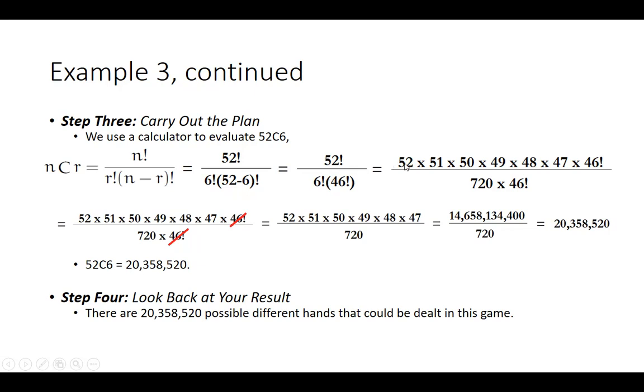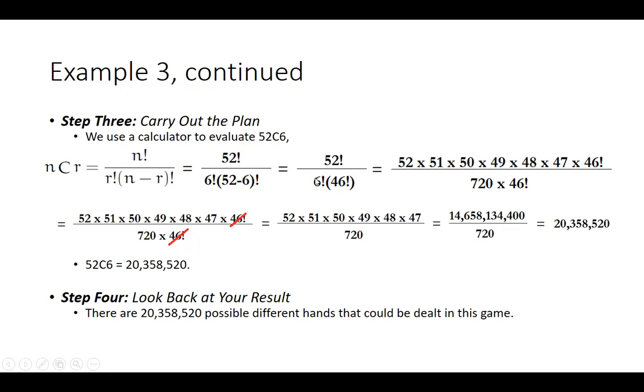Writing out 52 factorial as far as we need to go would be 52 times 51 times 50 times 49 times 48 times 47. And we could leave the rest as 46 factorial so that it cancels with the 46 factorial on the bottom.